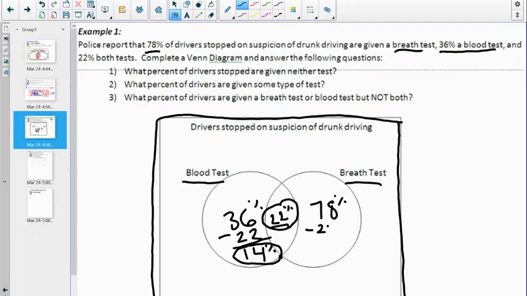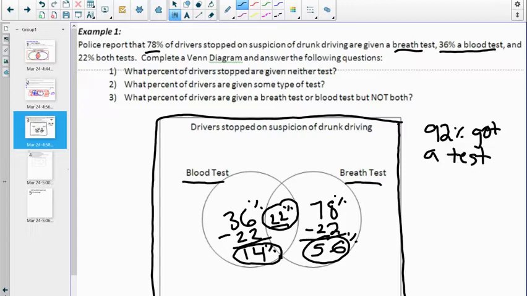So we're going to subtract 22 and end up with 56%. Okay, so now when you add up 56 plus 22 plus 14, that gets you to 92%. So 92% of people got a test.